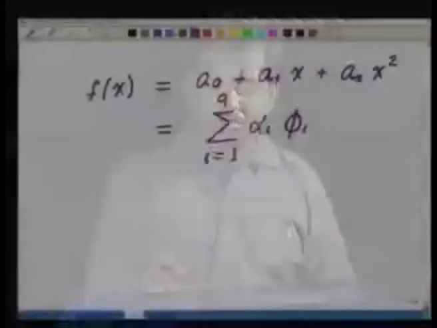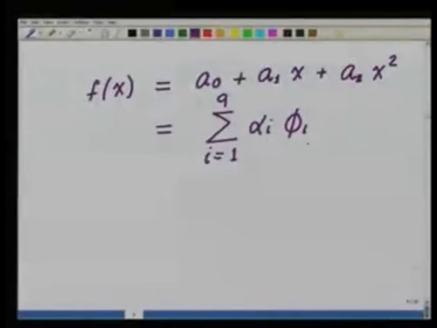These are arbitrary coefficients, so the series has to exactly represent the constant a0, or a linear a0 plus a1x, or a quadratic a0 plus a1x plus a2x squared. If it has to do so in the whole domain, it should also be able to represent a quadratic in an element. So instead of doing it in the whole domain, let us do it in the element.